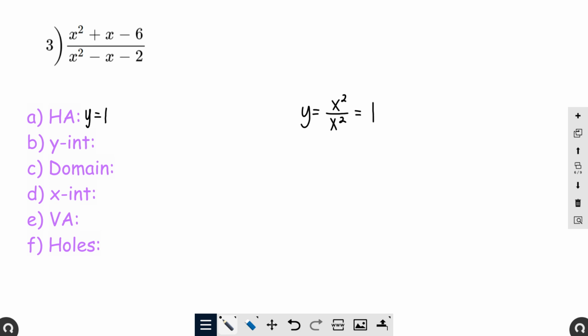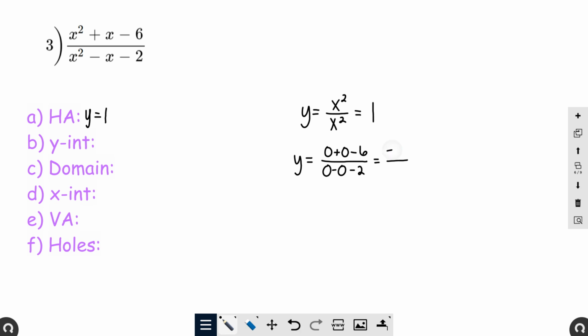Okay. Now, next, y-intercept. What do we do for y-intercept? Plug in 0 for all the x's. So anywhere you see an x, put a 0. And then you simplify. So on my top, I've got 0 plus 0 minus 6. And on the bottom, 0 minus 0 minus 2.